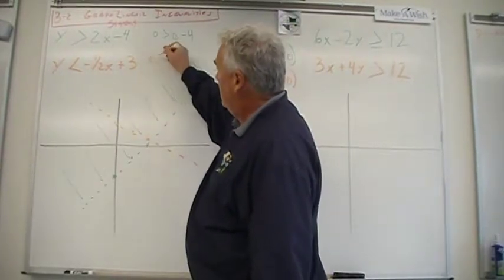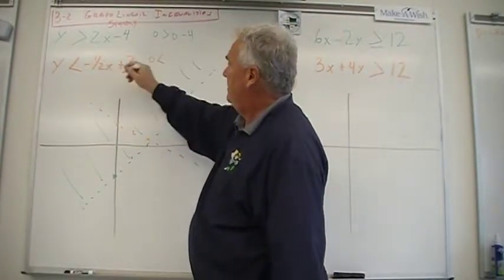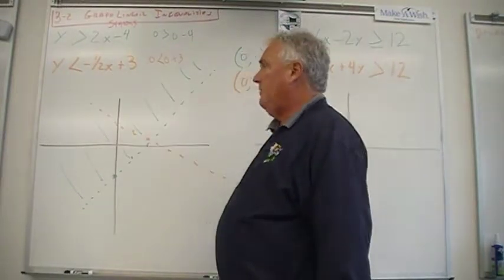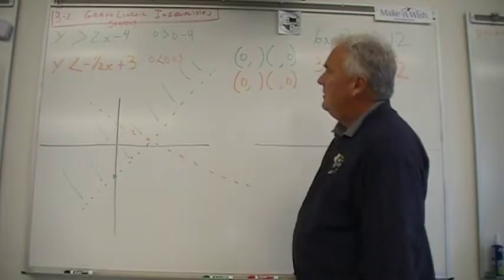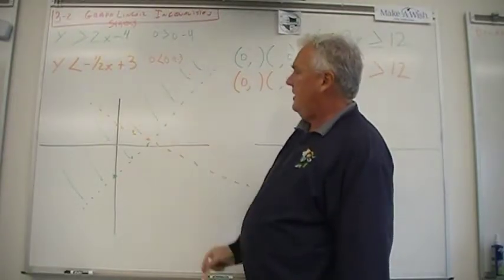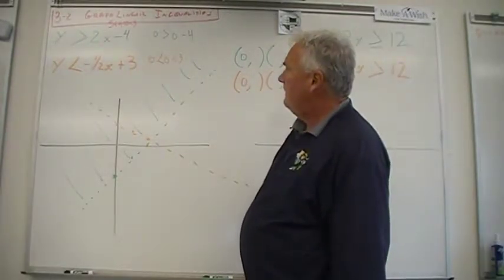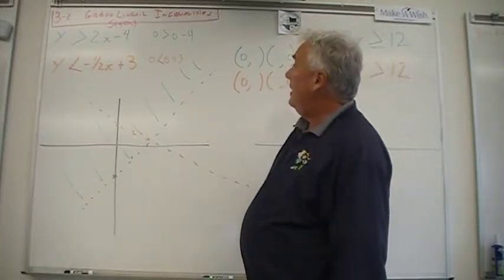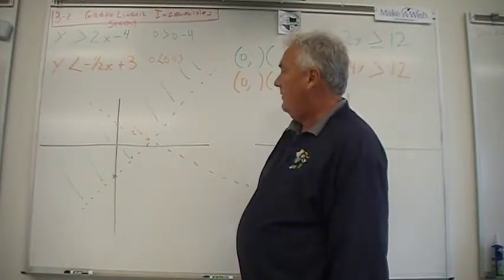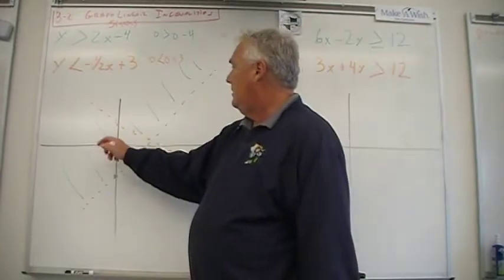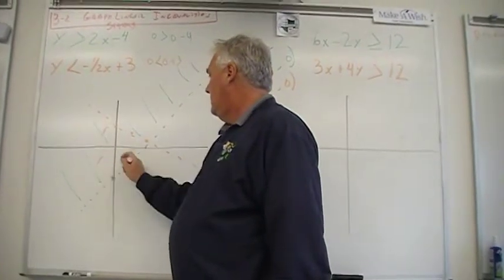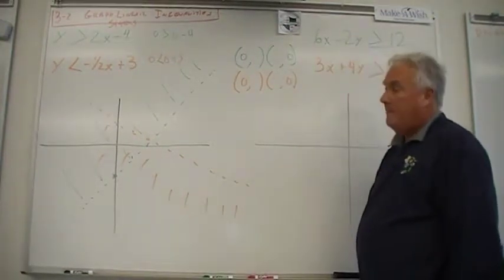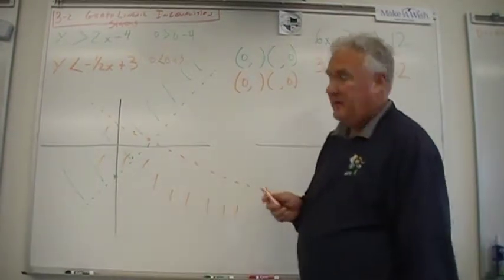So 0 is less than 0 plus 3, because 0 times -1/2 is 0. So is 0 less than 3? Yeah, it is. So that means it's everything down here. So let's think about this a little bit.